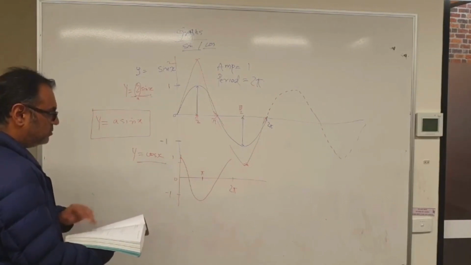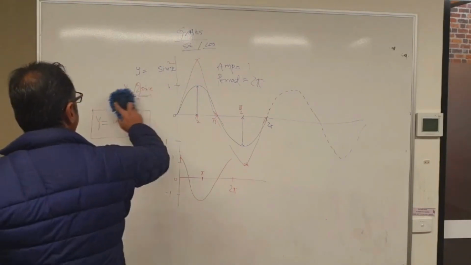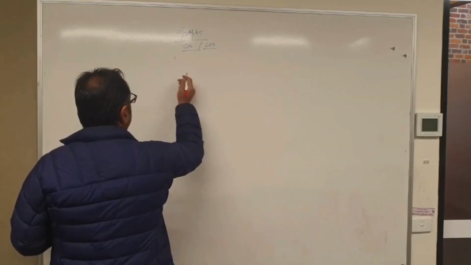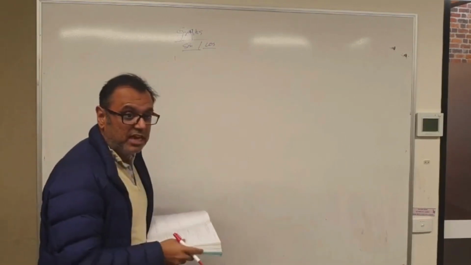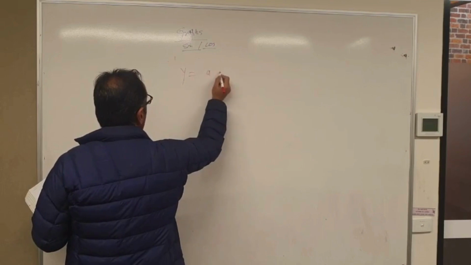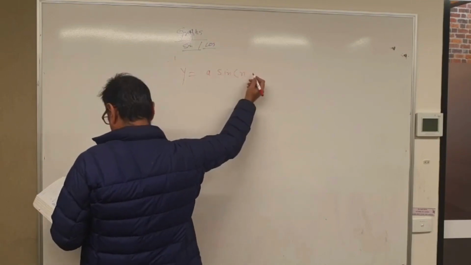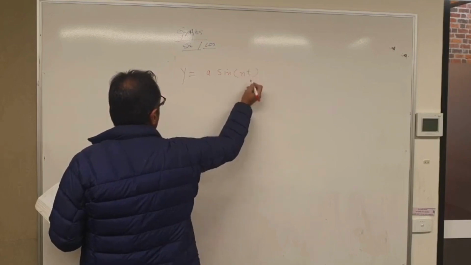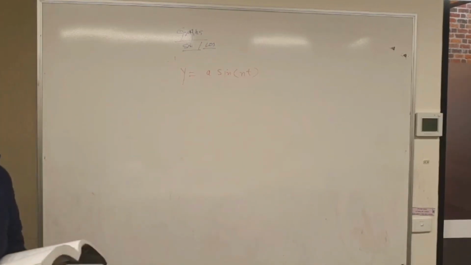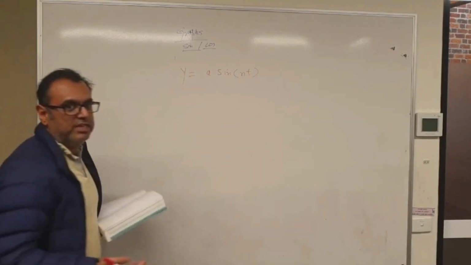Now, I'll just take it off from the board quickly, and then we'll talk about the general equation of a sine or a cos graph, which is y equals A sine nx or nt, whatever you want to call it, right? This book says t, so take t. N theta, nx, this is again a variable sitting on the x-axis.